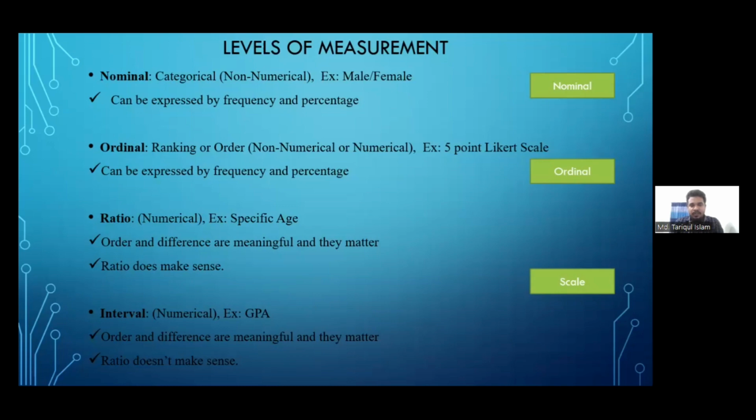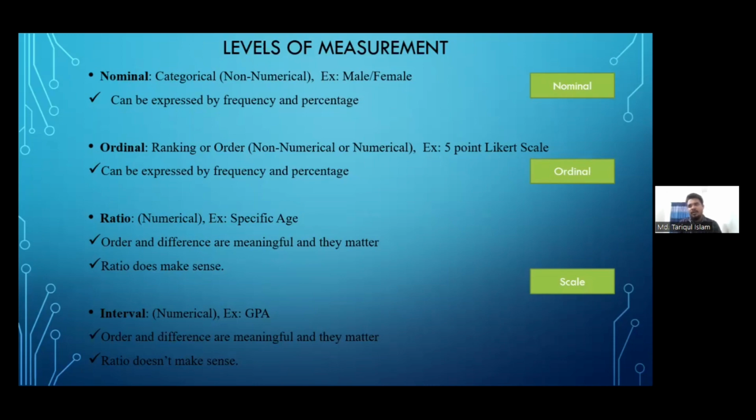From that word we can understand that it will be a kind of order, a kind of ranking, which can be numeric and non-numeric. The example is the 5-point Likert scale, because in any type of Likert scale, it will start from strongly agree, then agree, then neutral, then disagree, then strongly disagree.